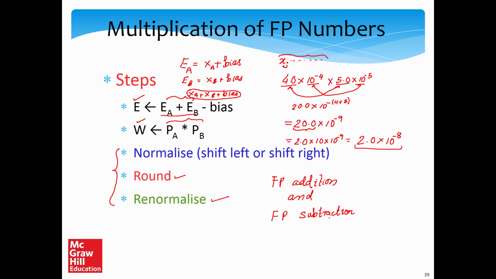All these steps remain the same. The only steps that are different are that we add the exponents, and since we would be adding the exponents in a biased form, we'll be adding the bias twice. So at least one of them needs to be subtracted. Second, we need to multiply the significands, and the rest of the stages remain the same.